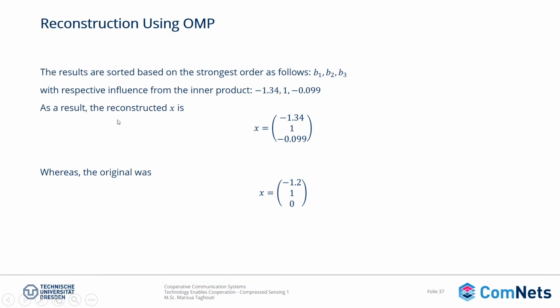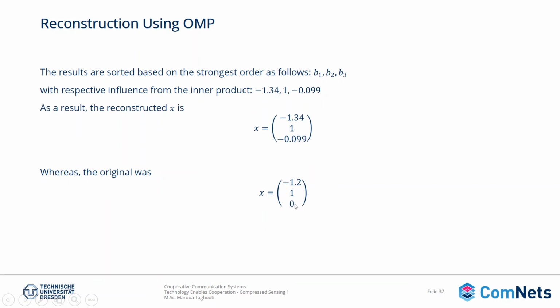So as a result, our reconstructed signal X is the following. If we compare with the original one, we see the error here. We have some not matching, but hopefully it's not that bad. The second element is perfectly restored, and the last one is also slightly different.